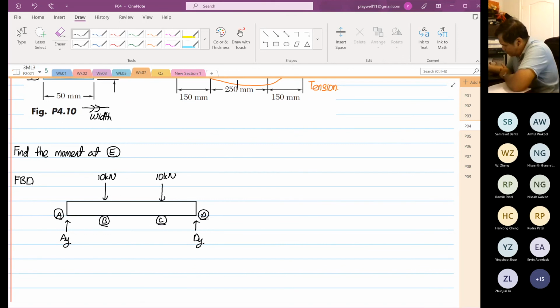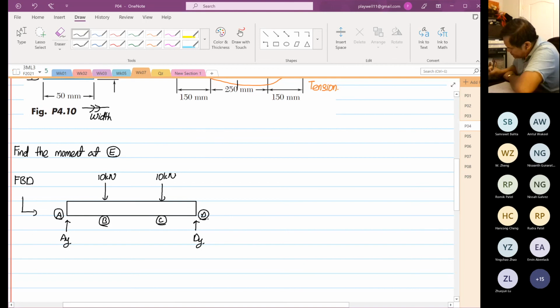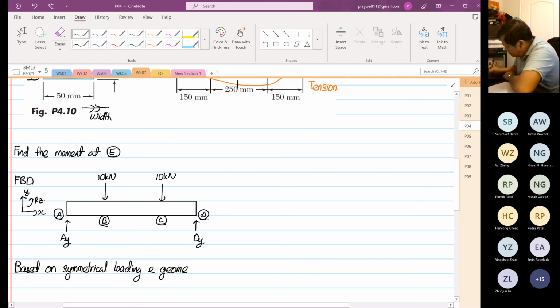I'll put down my transformation X, Y, and rotation about Z. You can write that based on symmetrical loading and geometry. AY is equal to DY.